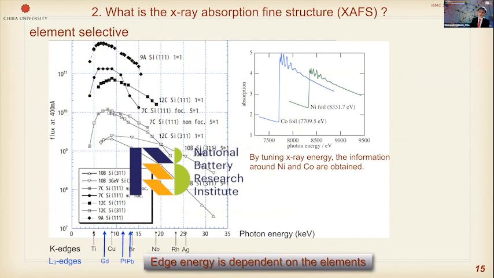This is the spectrum from the Photon Factory synchrotron radiation, the Photon Factory energy spectrum. This part is not important. The important point is the bottom part. Here, I show some of the elements: titanium, copper, bromine, niobium, rhodium, silver. These are the K edges, and the absorption edges are very different, like this.